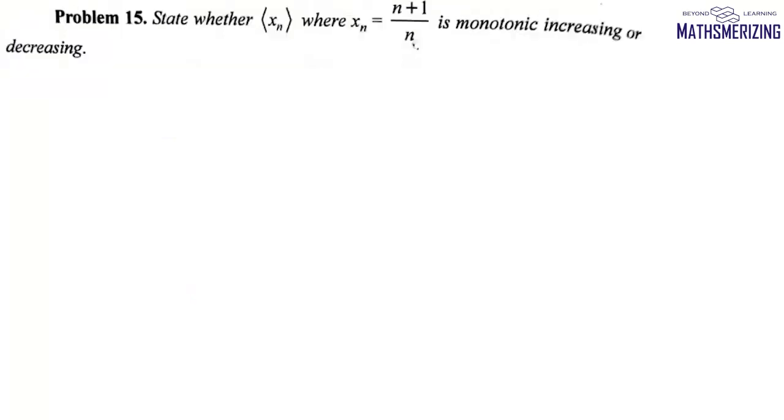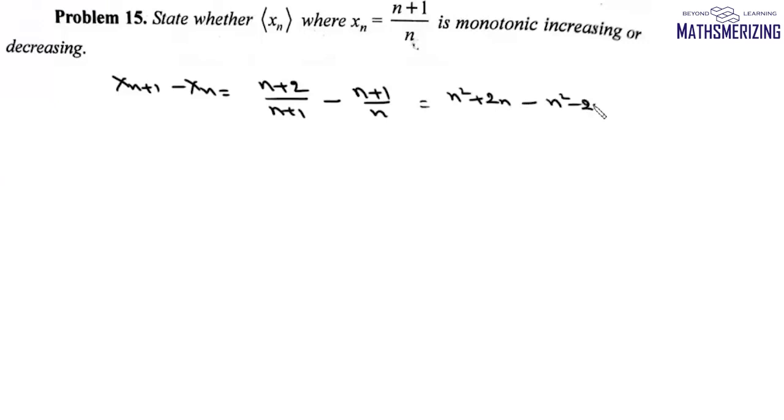Now here the question is, state whether x_n, which is given by (n+1) upon n, is monotonic increasing or decreasing. Now we can write x_{n+1} minus x_n is (n+2) upon (n+1) minus (n+1) upon n. That will be n^2 + 2n minus n^2 minus 2n minus 1 upon n into (n+1).